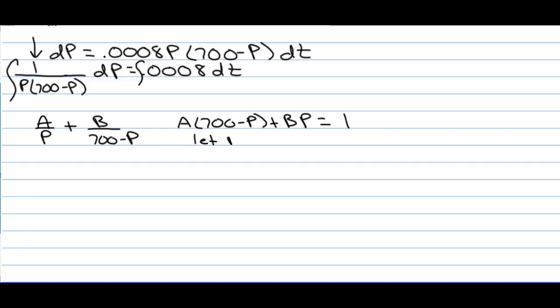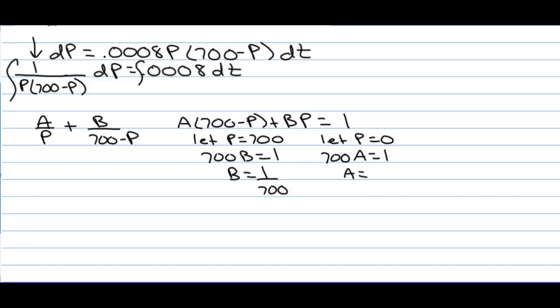We'll let P equal 700. We'll have 700B equals 1, B equals 1 over 700. We will let P equals 0, and that will give us 700A equals 1, so A is also 1 over 700.